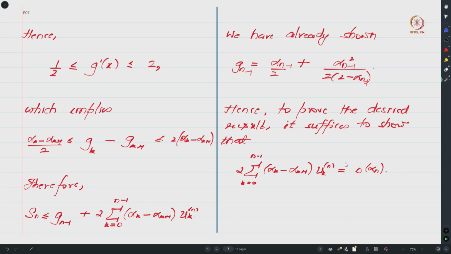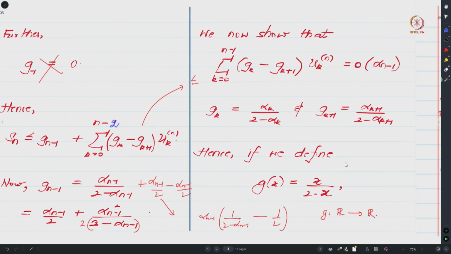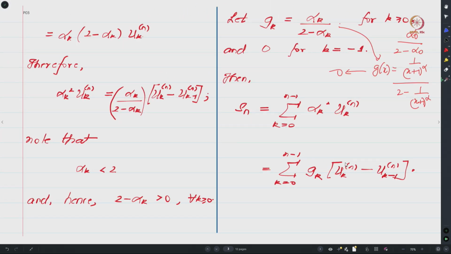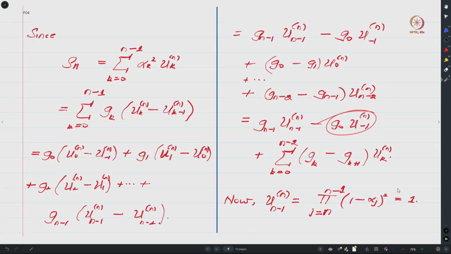So let me quickly summarize, because this proof involves a bit of algebra. We started off with an expression of this form, and we wrote it in this form, and thereafter we rewrote this expression so that instead of having differences between uk's, we have differences between gk's.